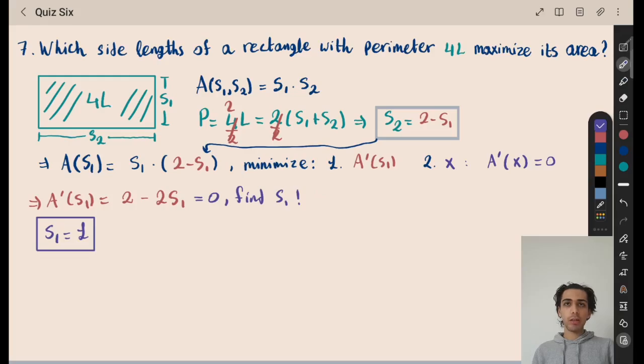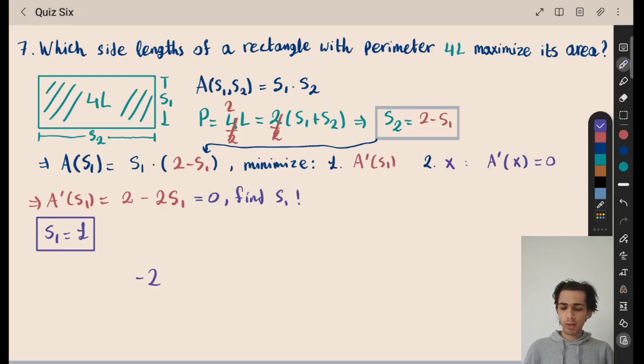Now, if you want to check that this will be a maxima, you can take the second derivative. The second derivative will be minus 2. It's negative 2 everywhere, so at S1 equal to 1 it is negative too, so this should be a maxima.